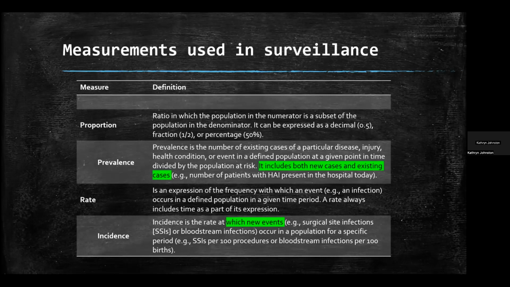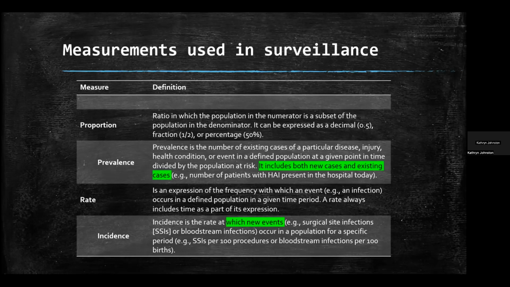The prevalence is a type of proportion, and the numerator is a subset of the denominator. And what you have to keep in mind here is that prevalence includes not just new cases of the outcome, but also those that are already existing. And I'm going to show you that more graphically in just a moment.